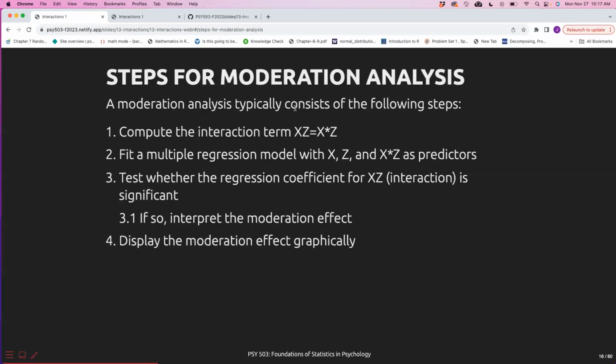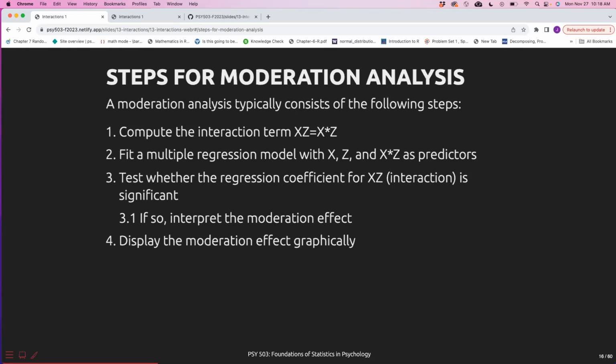So what I have here are 4 steps to a moderation analysis. In step 1, we compute the interaction between gender and age, which is just the multiplication of the two. In step 2, we fit a multiple regression model with X, Z, and the X times Z interaction: age, gender, and the age by gender interaction.